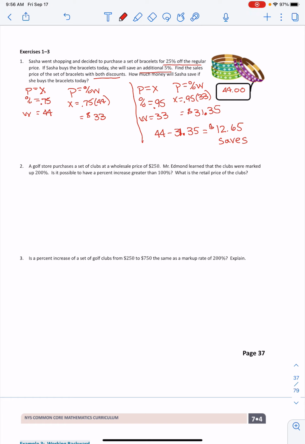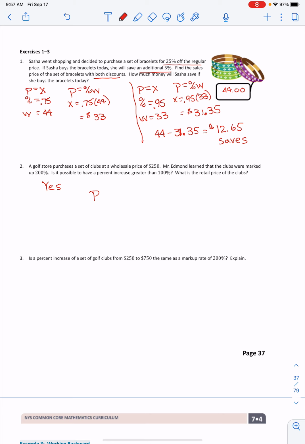So our next question says, a golf store purchases a set of clubs at a wholesale price of $250. Mr. Edmond learned that the clubs were marked 200% up. Is it possible to have a percent increase greater than 100%? The answer is yes. What is the retail price of the clubs? Well, if they're increased 200%, remember you have to add it to 100.